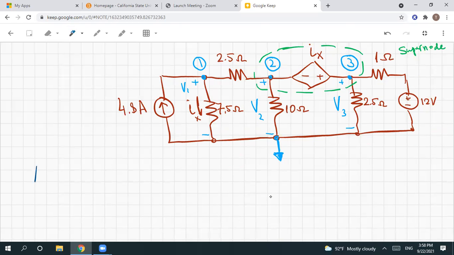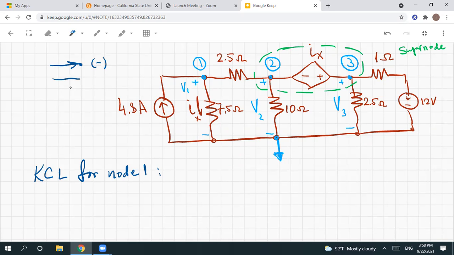So I will write KCL, Kirchhoff's current law, for node 1. And who will help me with that? So what currents are going to node 1? So we have one current, another current, and the third current. So what will be the first current? Again, the current which is going to the node is negative.